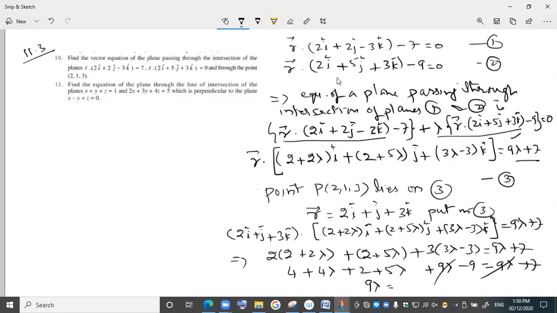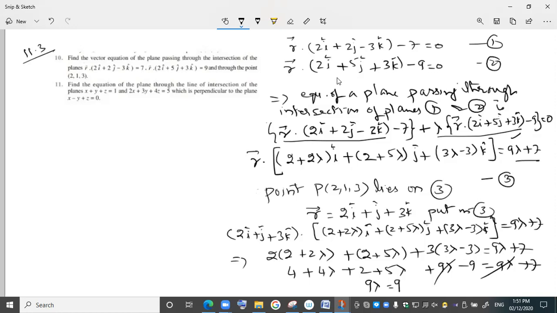This is 9 lambda, this is also 9 lambda. Minus 9, so 9 will come this side.